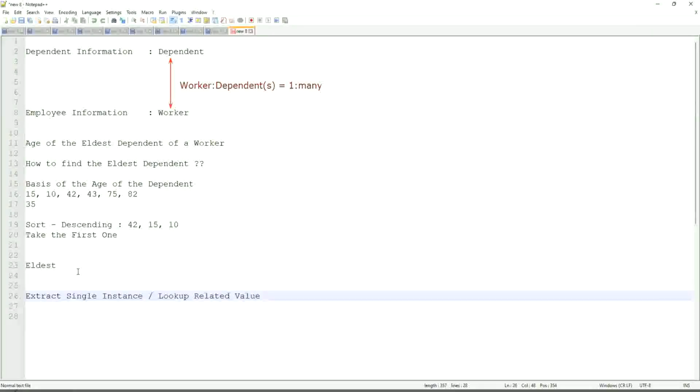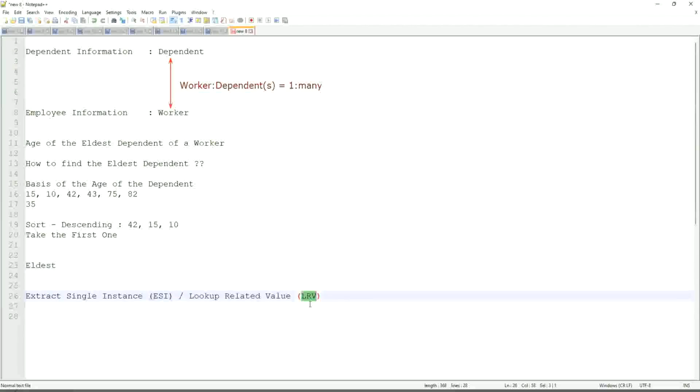This is the most common calculated field function that people will ask you in your interviews. ESI and LRV. Extract single instance is called ESI. Lookup related value is LRV. They work in combination. We do not only leave with ESI.